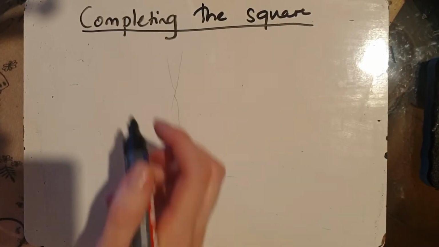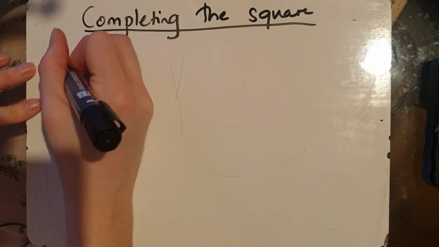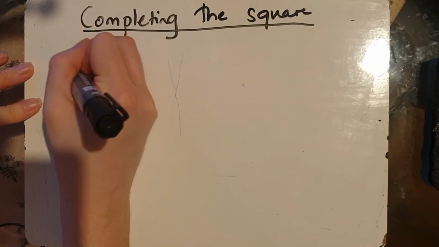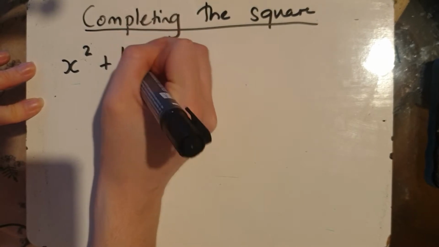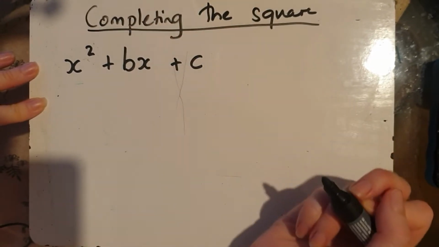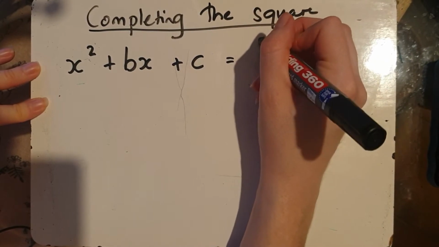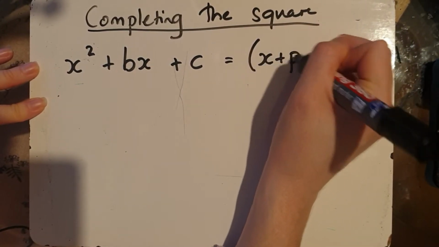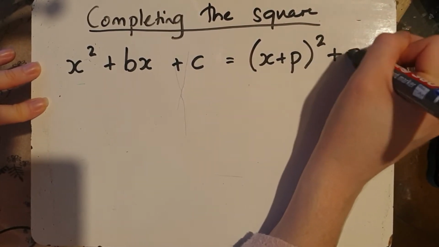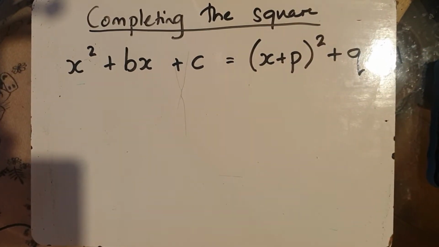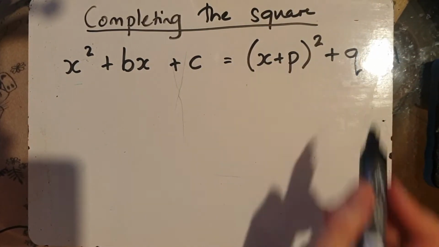If we have a quadratic like this, x squared plus bx plus c, completing the square means writing it in the form x plus p squared plus q, where we have to find what p and q are.